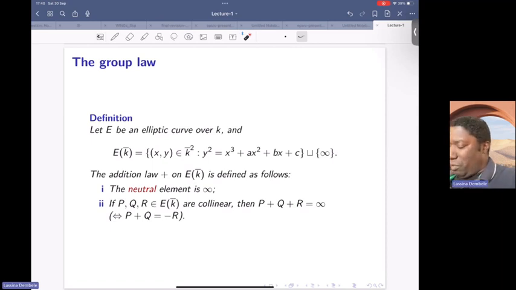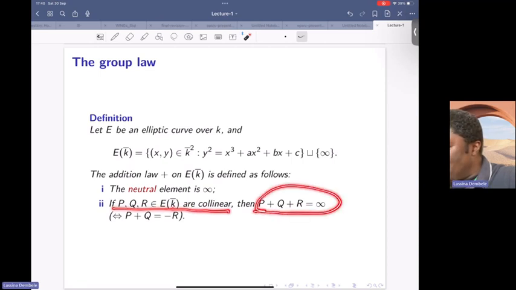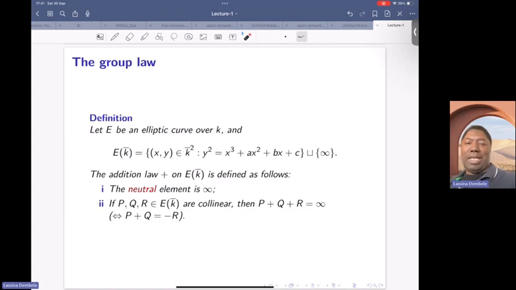And then we declare that if we have 3 points on that elliptic curve, and those 3 points lie on the same line, then they must sum to 0. So in other words, the sum P plus Q is equal to minus R. So that's how we define the group structure.